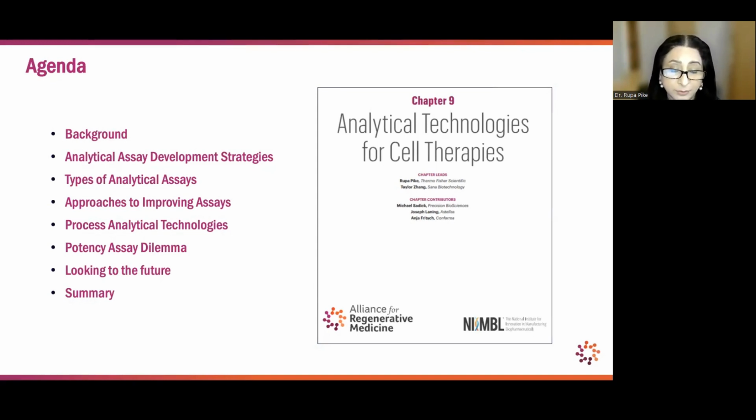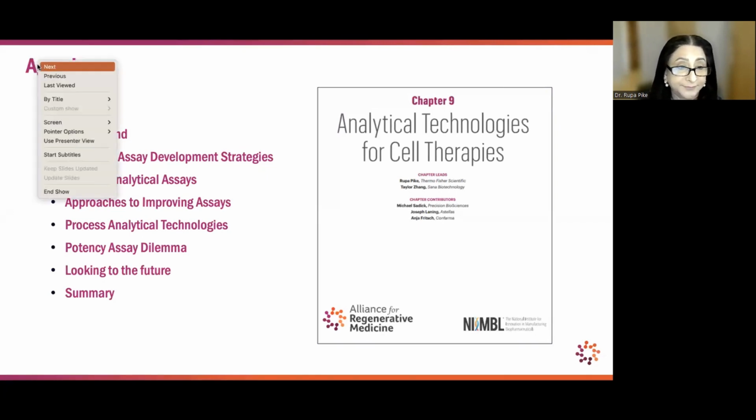I will review process analytical technologies, or PAT, or in-process assays, which are very important. Then I'll spend some time on the potency assay dilemma, which I believe is a hot topic. Then I will discuss future advancements, which are very important in the analytical assay development space, and then close with a summary.